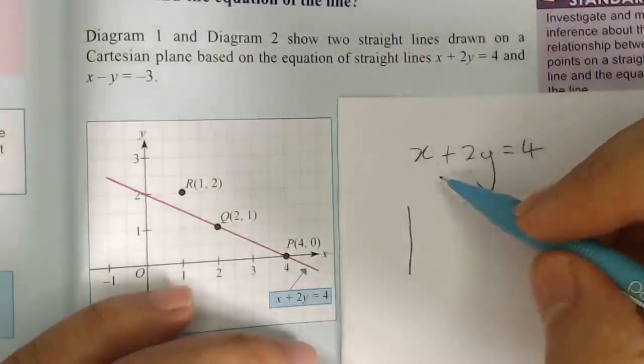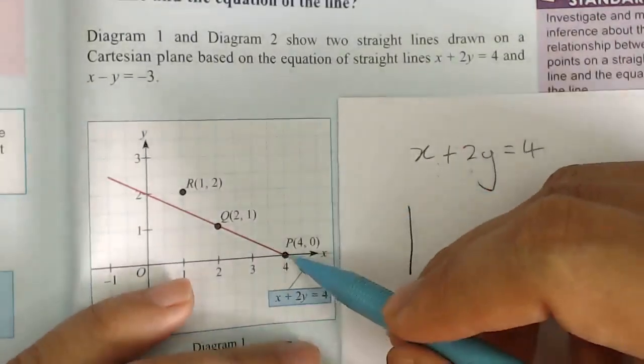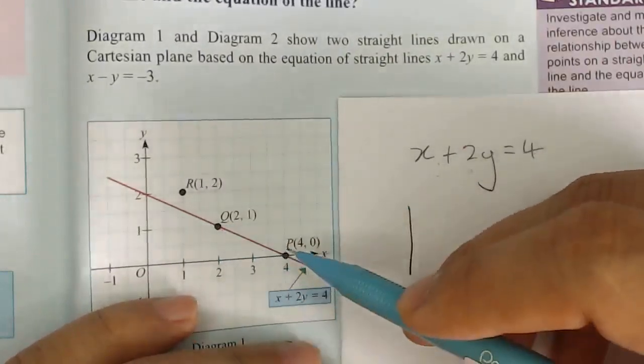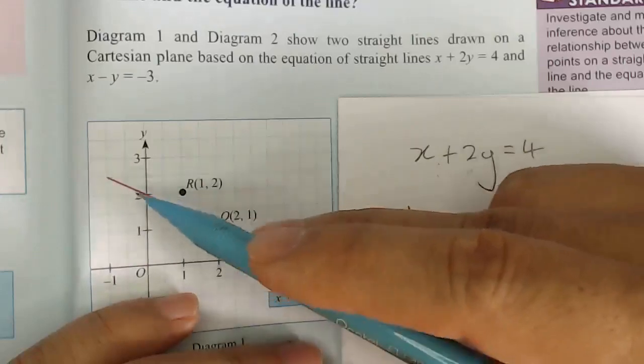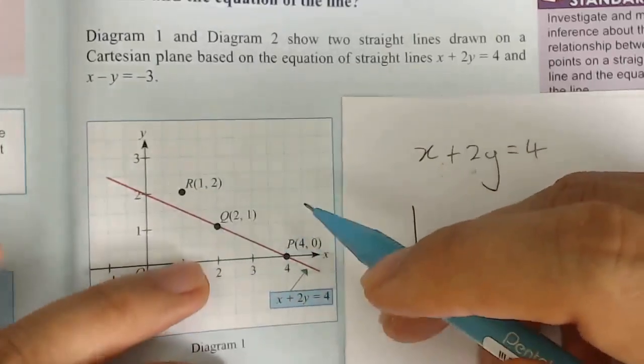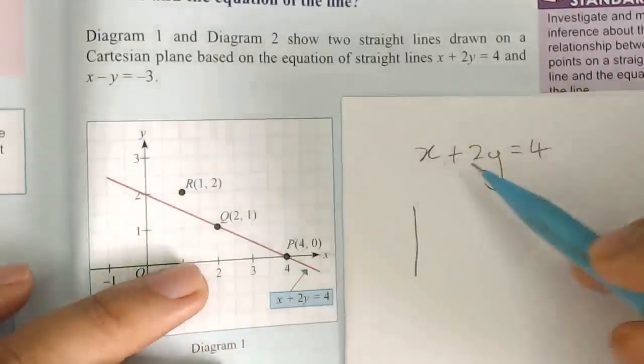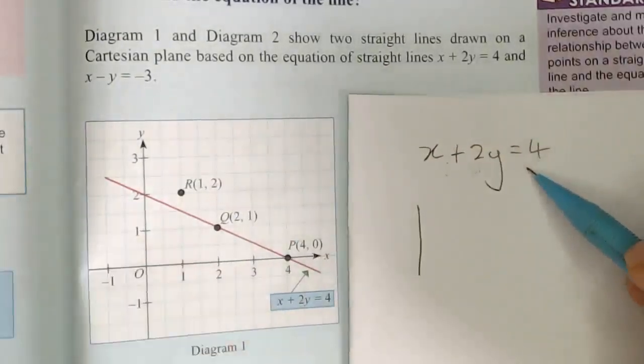Let's say this point and this point here. Then we can put a ruler, make a line, and that line represents what the equation is.